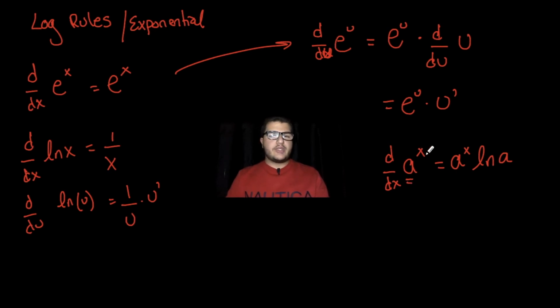So this is a number raised to a function, whereas e is a number raised to a function as well. So watch out for that. E is a special case. A is any other number. So be careful with that rule. And that pretty much sums up all your derivative rules. So make sure you know all the ones we've gone over thus far.